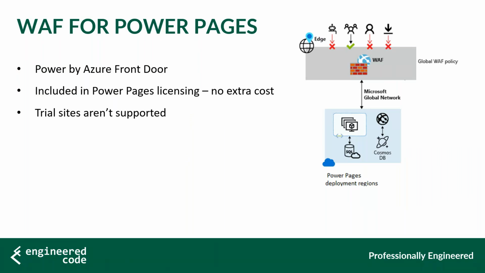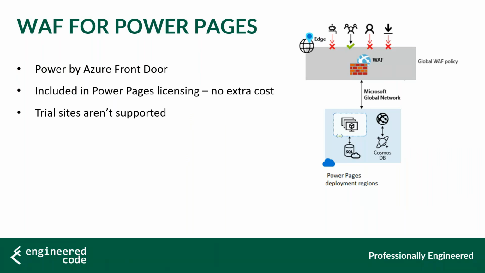Obviously it costs the Power Pages team money to run Azure Front Door on their servers. So if you just have a trial site, you're not going to be able to enable the WAF. But for any non-trial site, you are able to. I'm trying to remember if you can enable WAF for developer. I think maybe you can for developer.